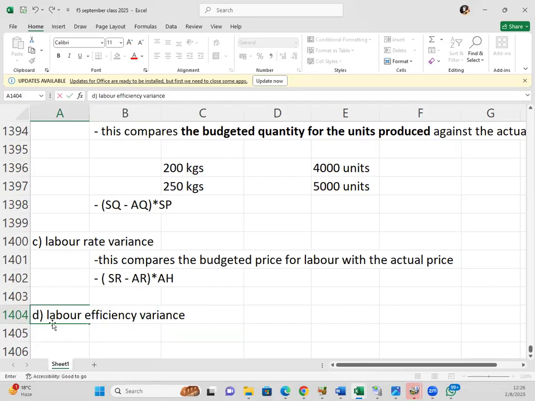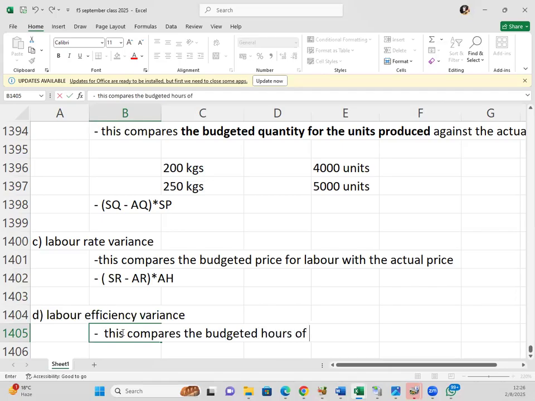The labor efficiency variance compares the budgeted hours of labor against the actual hours.